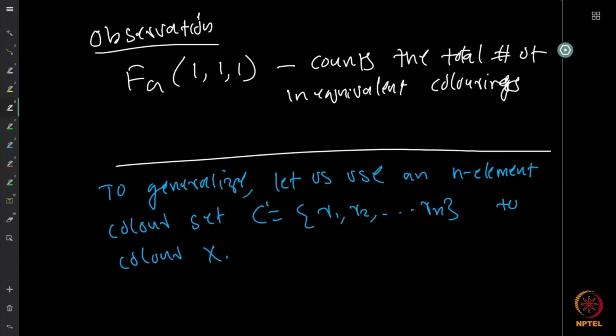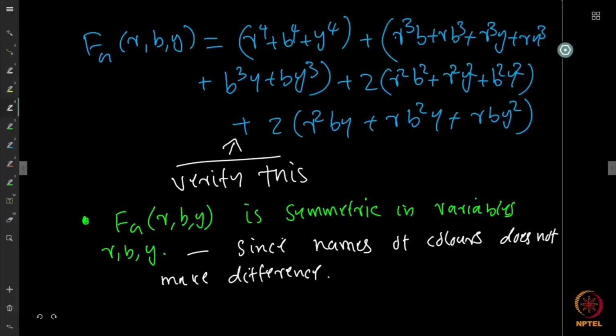I mean, without the restriction on a specific number of times each color appears, if you are coloring the four vertices, four squares, using these colors, you will see that this is precisely the number of colorings possible, which is 3 plus 1, 2, 3, 4, 5, 6, right? 3 plus 6 plus 6 plus 6, right?